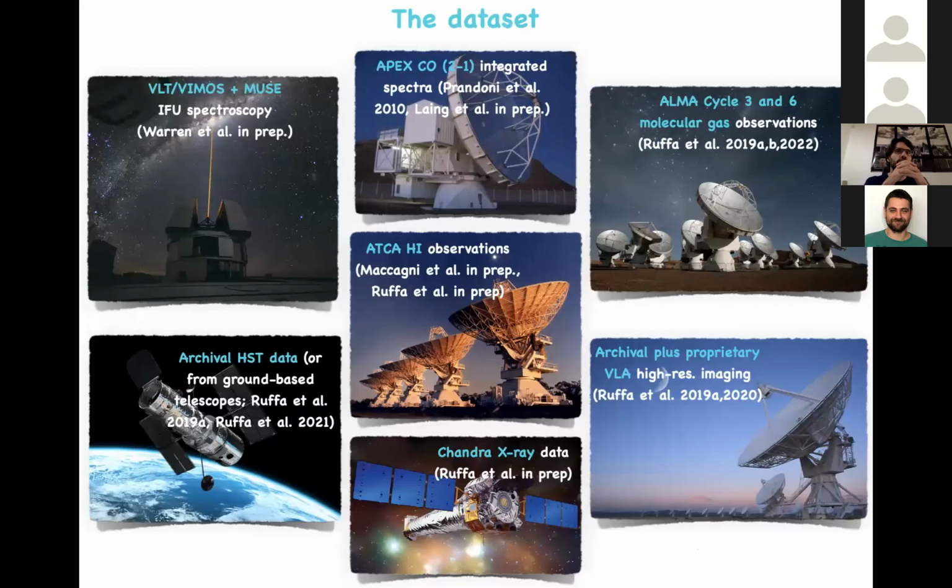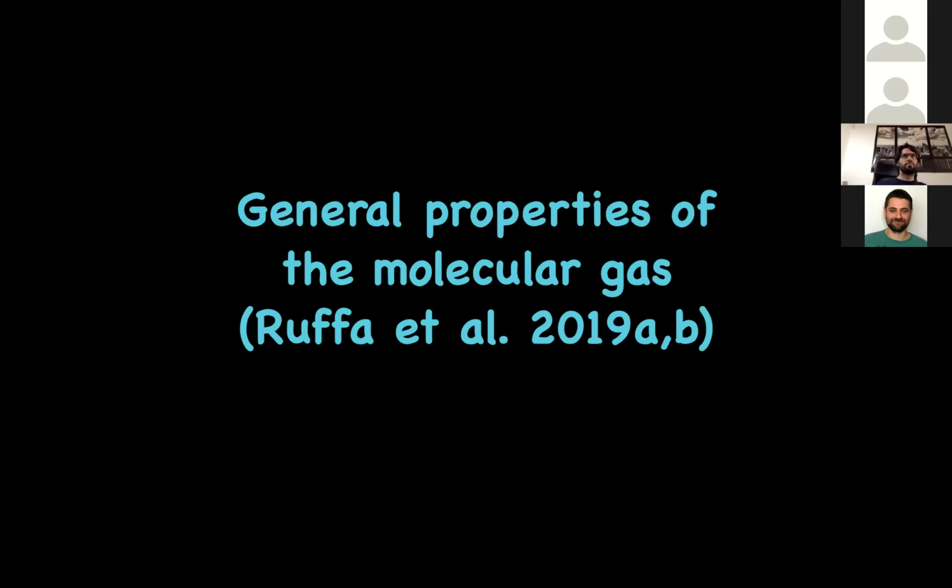To this aim, we acquired a huge data set spanning from VLA continuum and HI observations to optical continuum and IFU spectroscopy. But in particular today, I'm going to talk about molecular gas observations obtained in the past few years using ALMA.